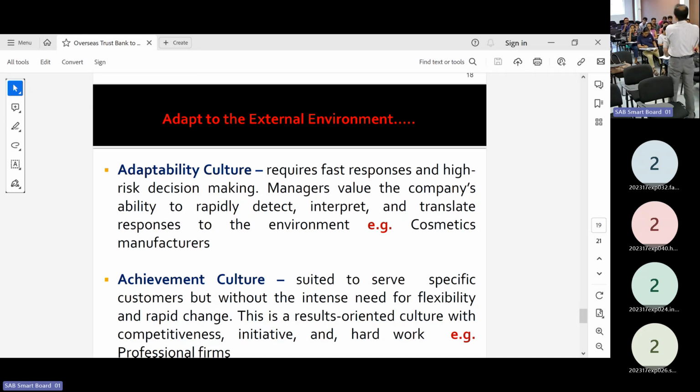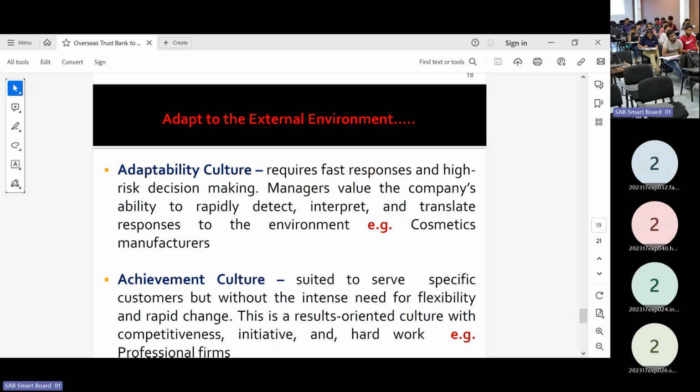Customer needs are changing very highly. To keep pace with that, these cosmetic manufacturing firms might be mostly using the adaptable culture strategy to deal with the external environments.